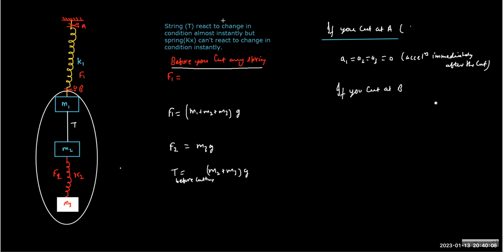If you cut at B, try to analyze things. From the life of M1, what has gone? How much force have we removed from M1? How much force? Come on.